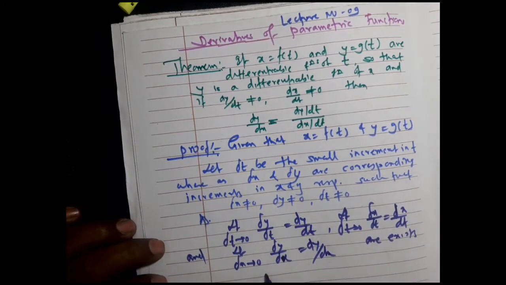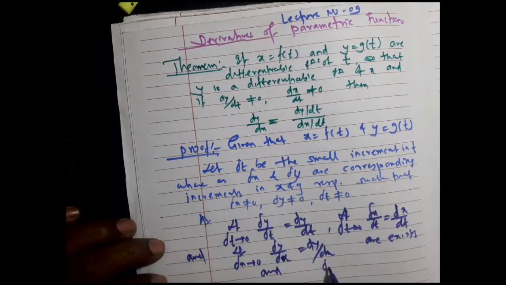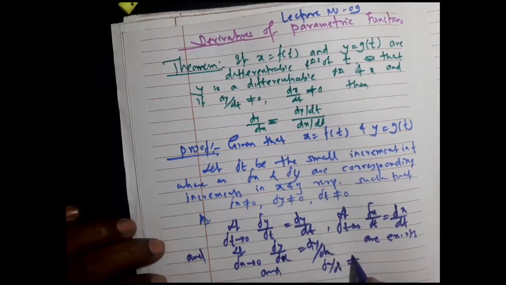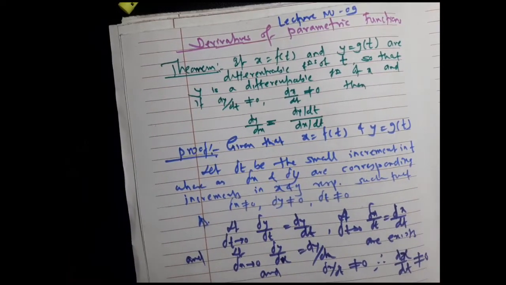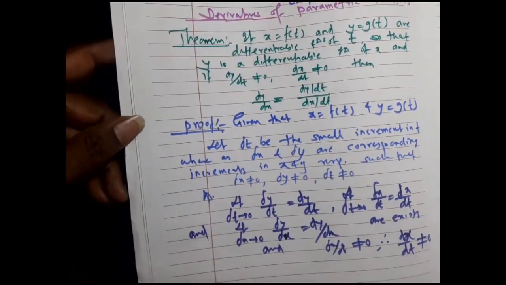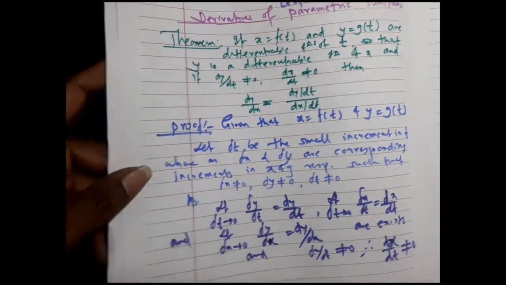These exist, and delta x by delta t is not equal to 0, therefore dx by dt is also not equal to 0. So these are differentiable functions, therefore these limits exist.